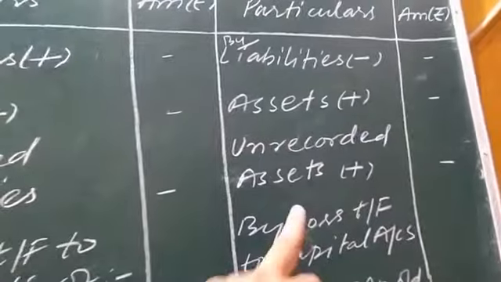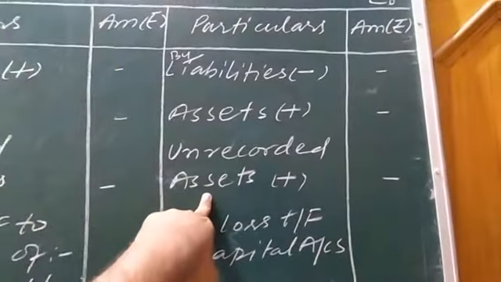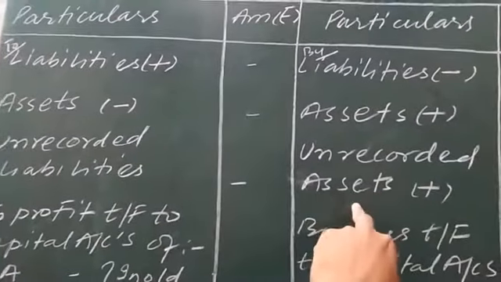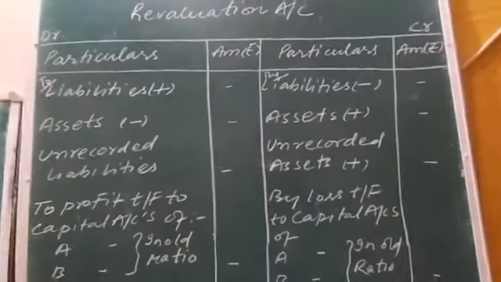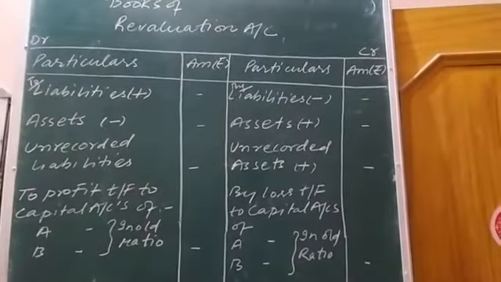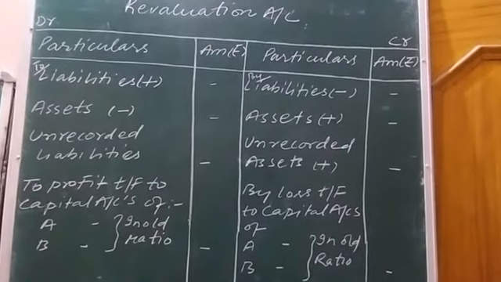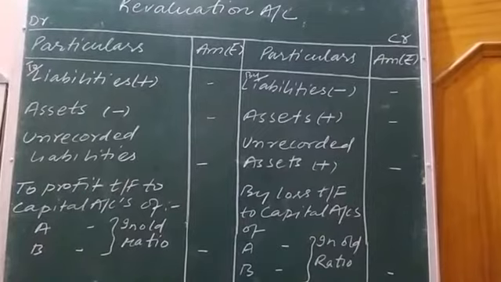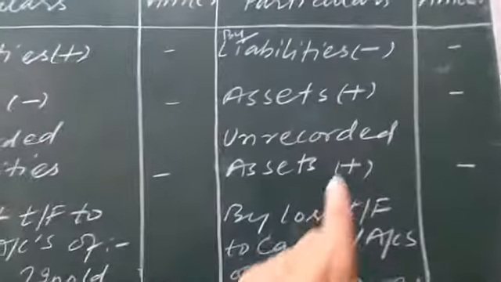One more item to be shown on the credit and debit side is unrecorded assets and unrecorded liabilities. If unrecorded assets were not recorded by the accountant in the previous year, then recording such assets leads to an increment in assets, and we know that an increase in assets is shown on the credit side.